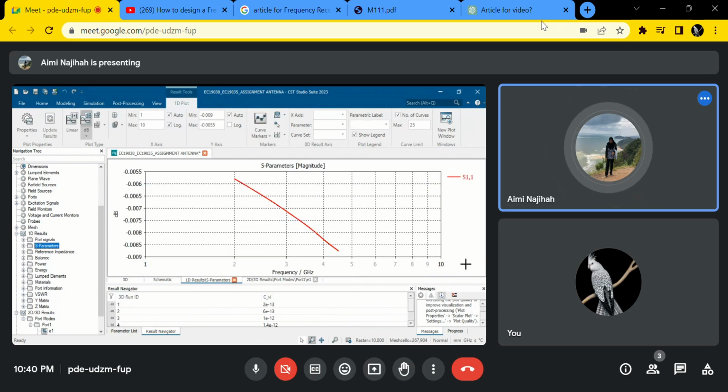S parameter. Alright, this is the result for S parameter that we get. The result has been analyzed in terms of S parameter and gain. S parameter describes the electrical behavior between the ports in an electrical system.